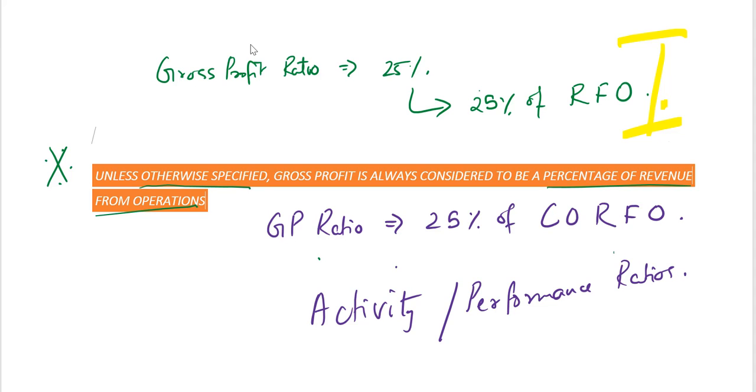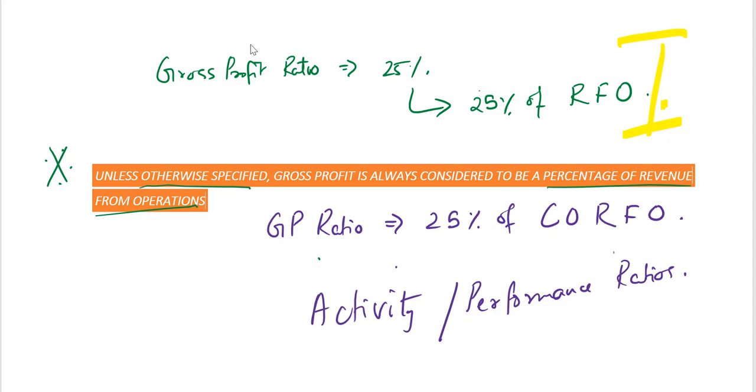So please remember, where GP ratio is just given as 25%, it is 25% of revenue from operations, not 25% of cost of revenue from operations. So we've completed the first ratio, gross profit ratio.